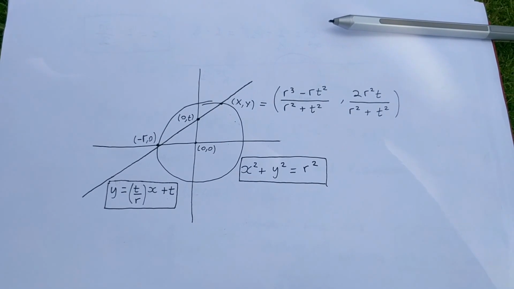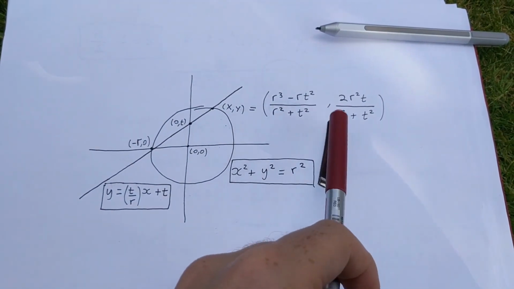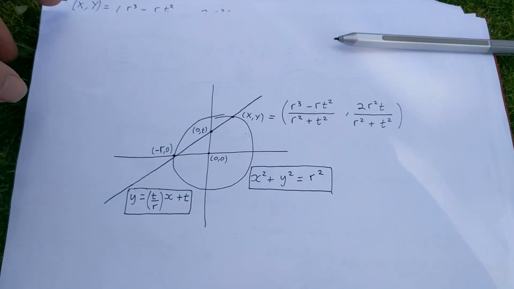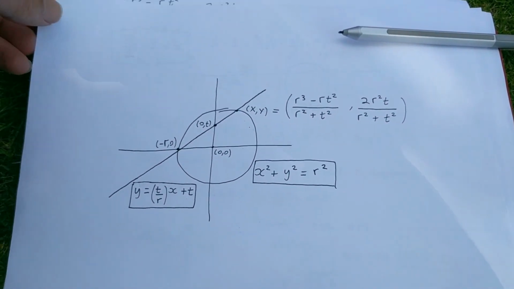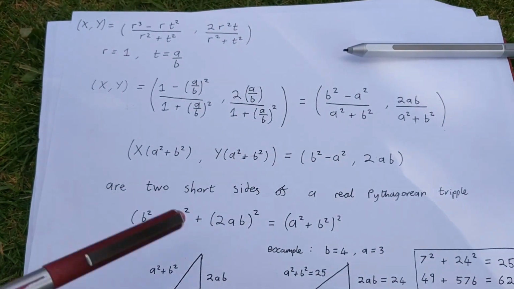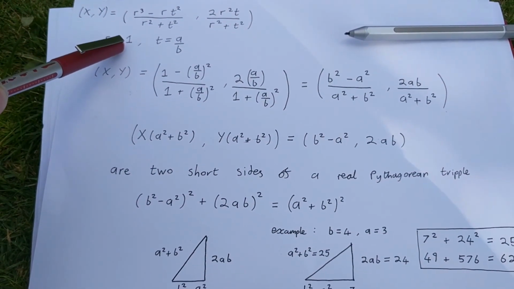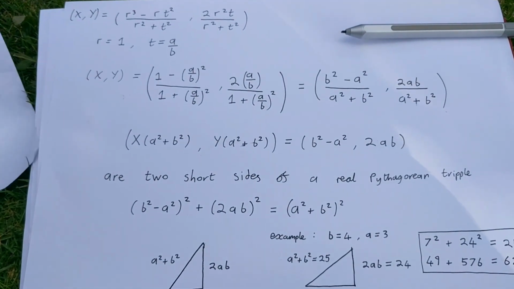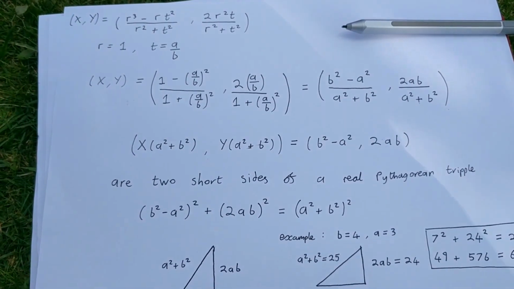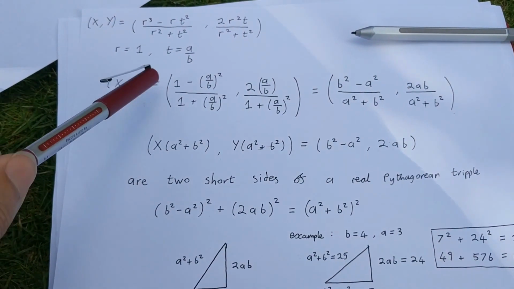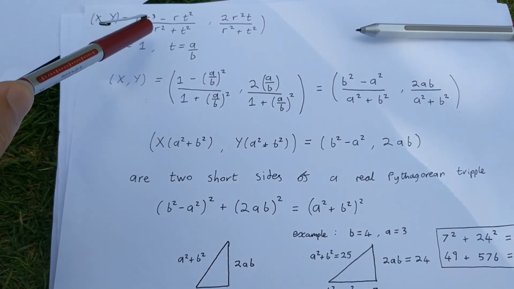Okay, so how are we now going to use this formula to get Pythagorean triples? Well, we're just going to start by looking at a special case, the case where the radius of the circle is 1. This is the standard approach, still a standard method to get these Pythagorean triples, and it's extremely beautiful, I think, because we use this lovely formula.